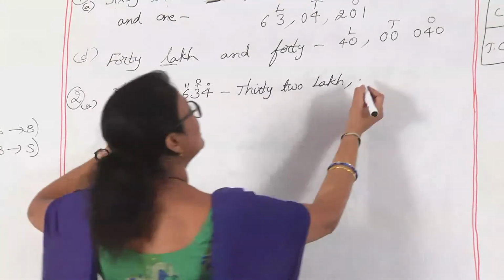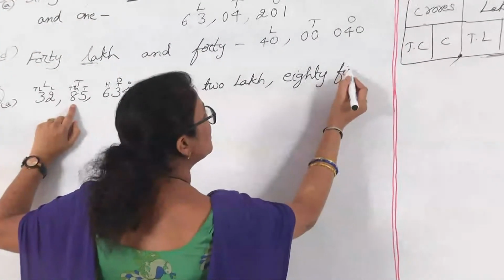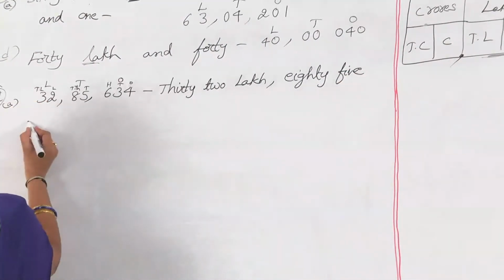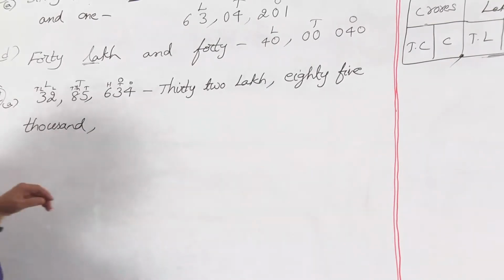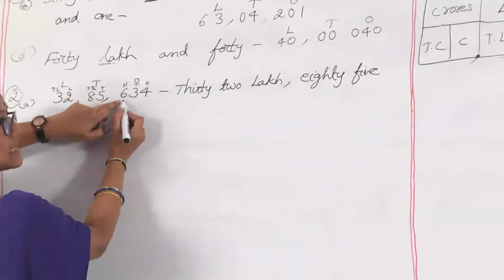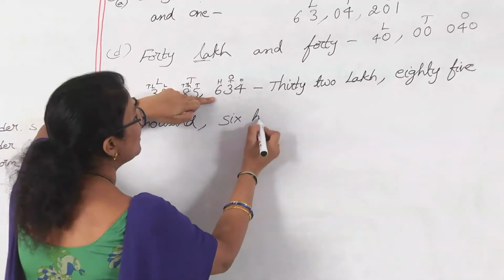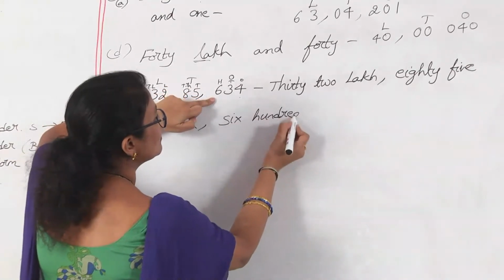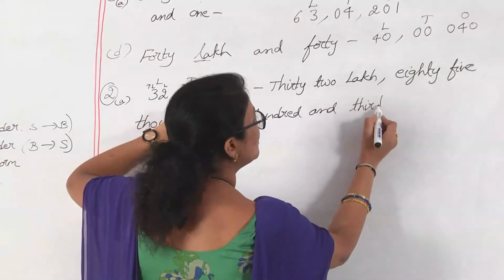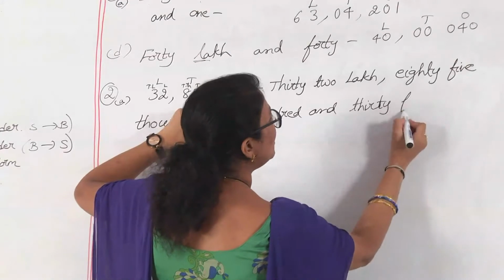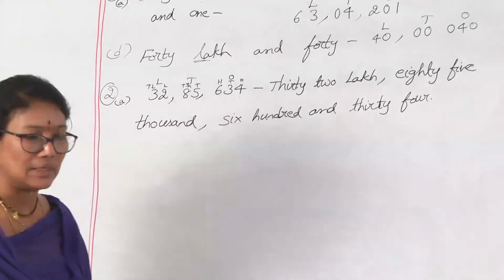So we write it as 85,000, put a comma, and finally under ones period it is 634. So it is 634. Right, children? Hope everyone is following it.